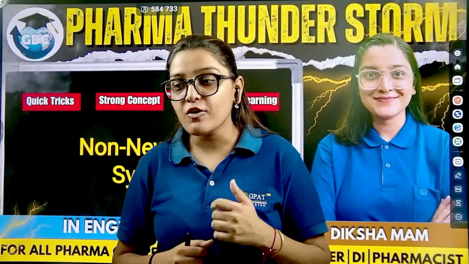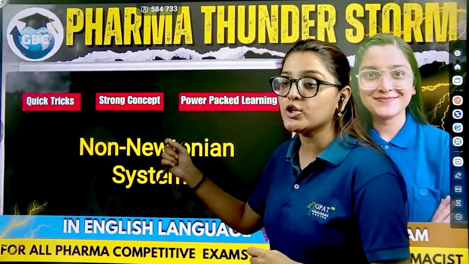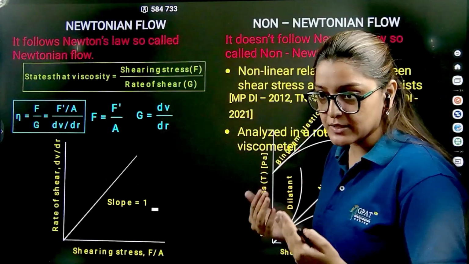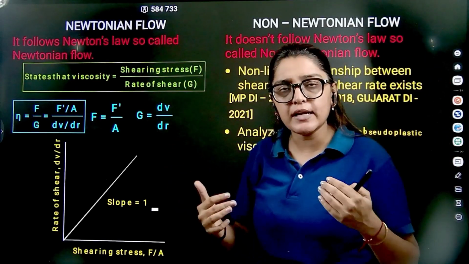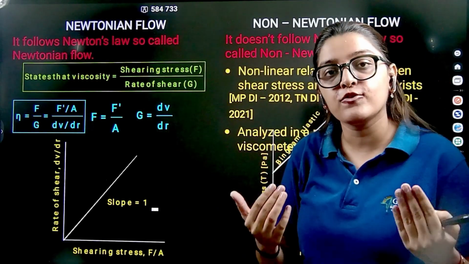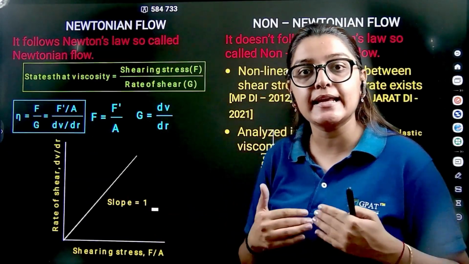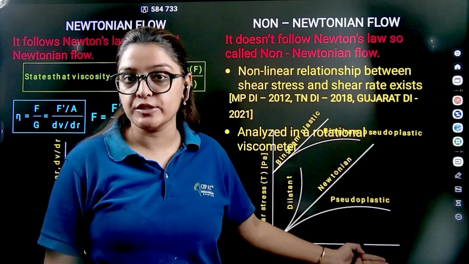Okay, so now without wasting any time, let's start with our topic, which will be non-Newtonian systems. We have already seen that Newtonian systems follow Newton's law of fluids, which means the rate of shear and shearing stress are directly proportional, and the same is not followed by the non-Newtonian systems.